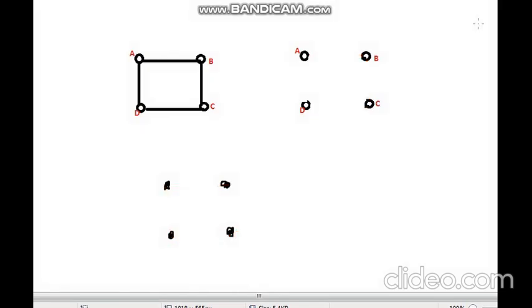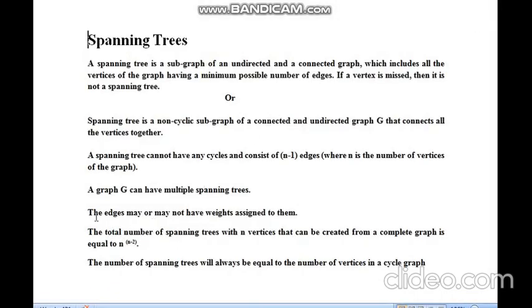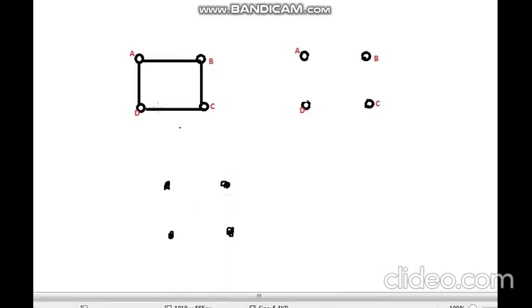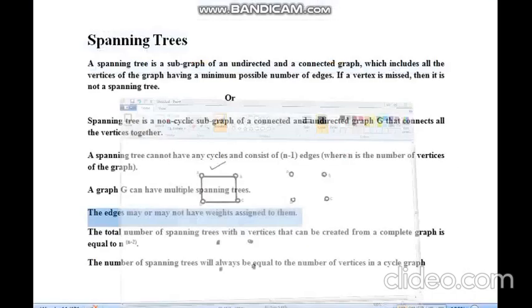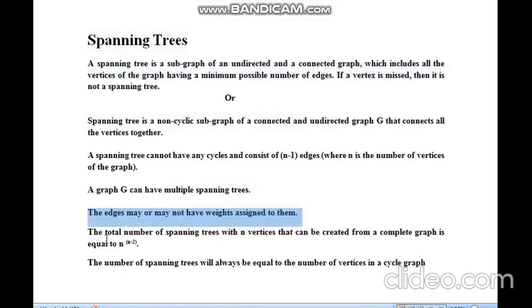Now edges may or may not have weights assigned to them. Just now we have seen this given graph without weights. So weights may or may not be present in spanning trees. Now the total number of spanning trees with n vertices that can be created from a complete graph is n to the power of n-2.